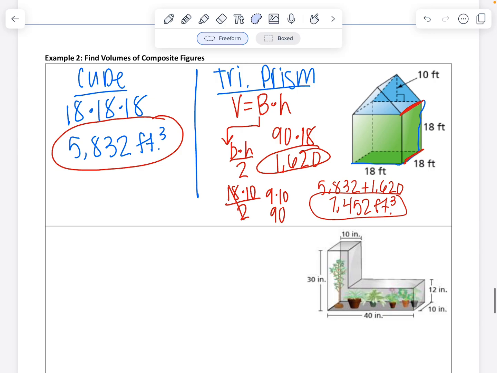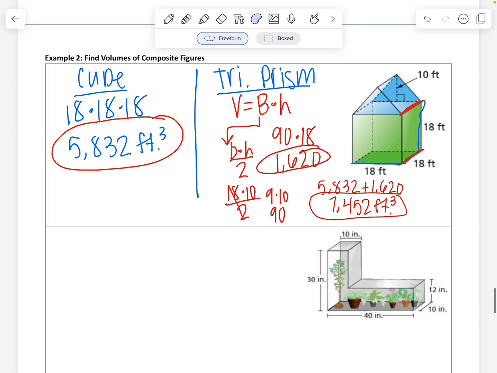Because I have my length times width times height, also known as the area of your base, and then your height. So 10 times 10 is 100. 100 times 30 is 3,000. So we get 3,000 inches cubed.